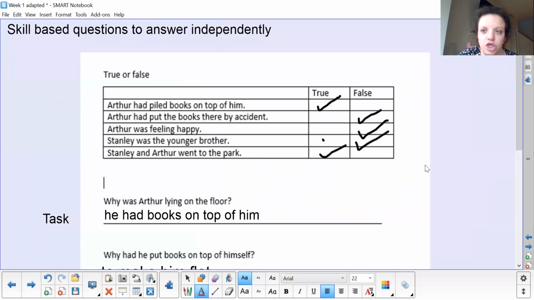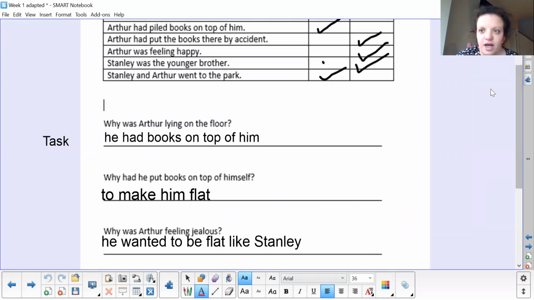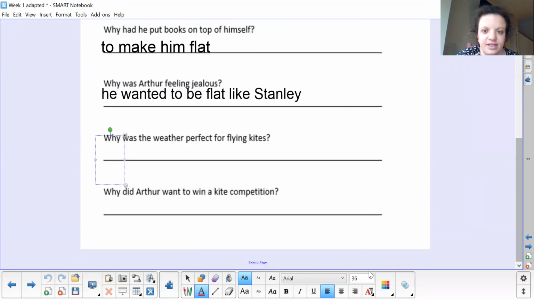And the answer you should have written is because it was windy, and kites fly beautifully in the wind. So we're going to write, it was windy.